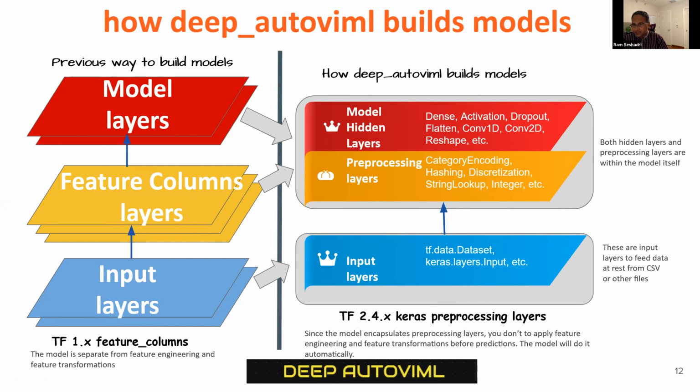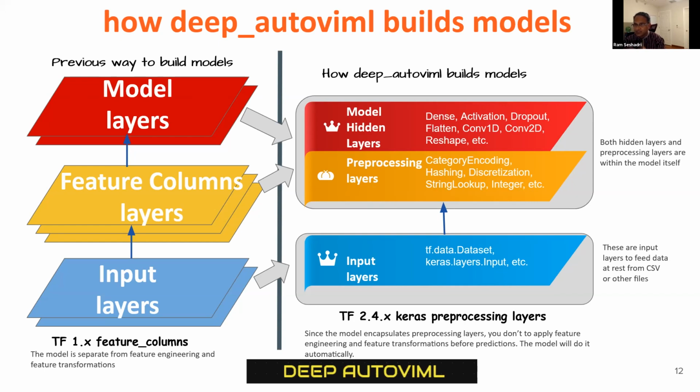What's the benefit of this? The benefit is that during inferencing, you can take the raw text and feed it, and it will do all the string lookups, the discretization, hashing, the category encoding in the model. So the model can be hosted on AWS, and the data can be somewhere else, raw data. All you have to do is feed the raw data right to GCP or AWS, because the model does all the transformations.